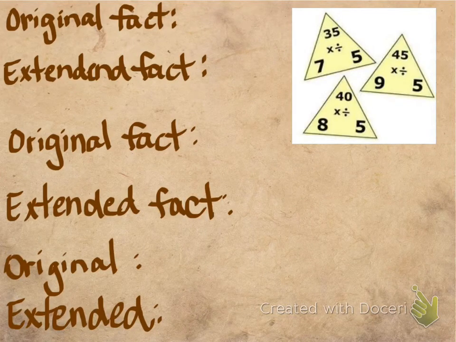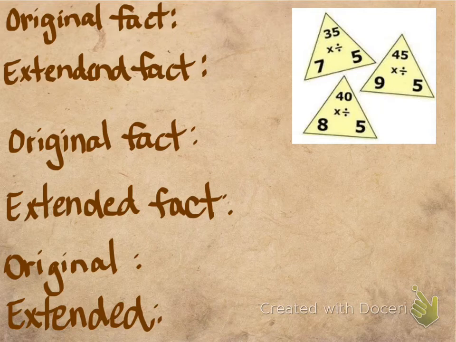Okay, one of the things that you'll be doing in this lesson is you'll be taking a look at some of your multiplication fact triangles, and you're going to be writing or looking at what would my original fact be, what could my extended fact be, and be able to do that and perform that on a math check and a test.